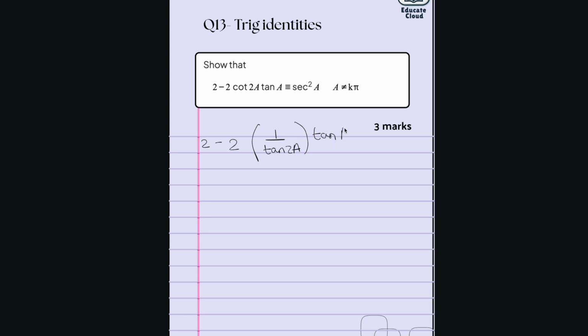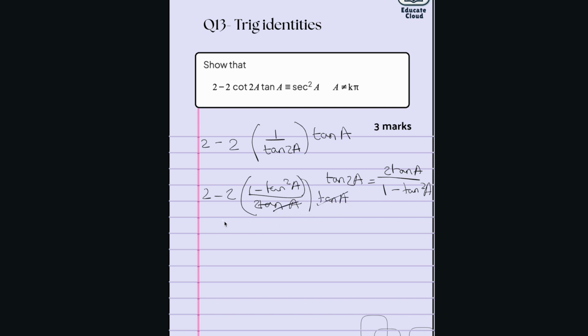times tan a. And then we can expand out what tan 2a is. So tan 2a is 2 tan a over 1 minus tan squared a. And so we're going to rewrite that, and we want to flip that because you want 1 over, so 1 minus tan squared a goes at the top, 2 tan a goes at the bottom, times tan a.